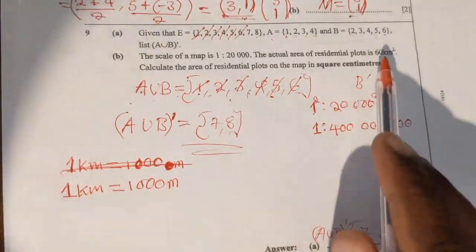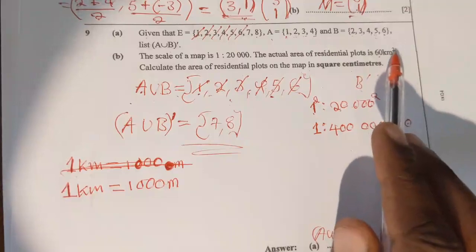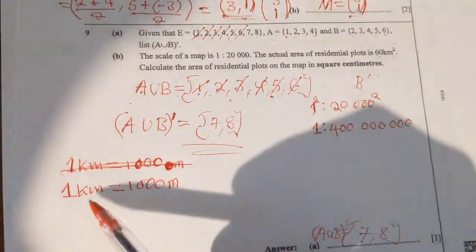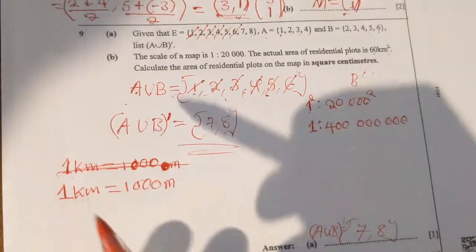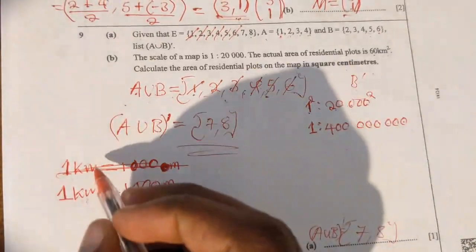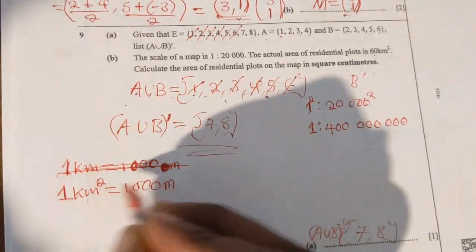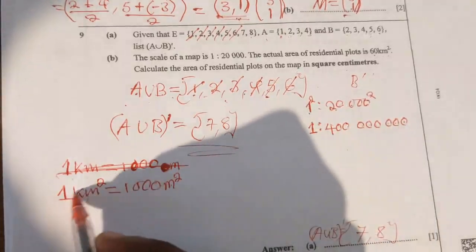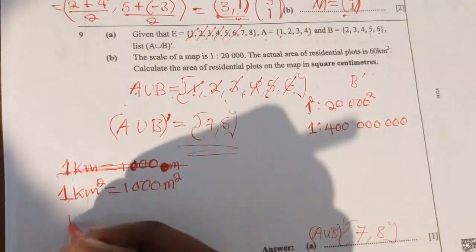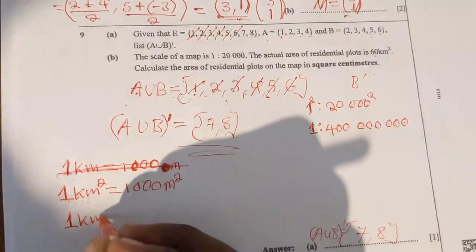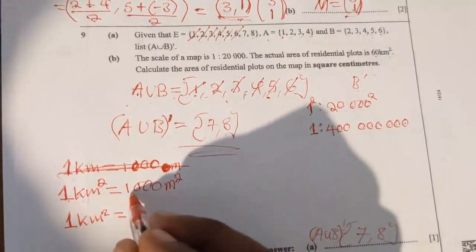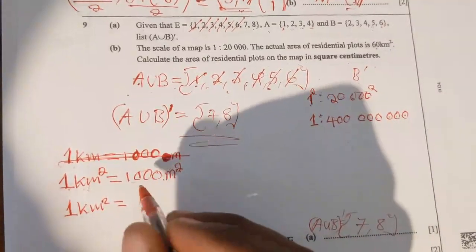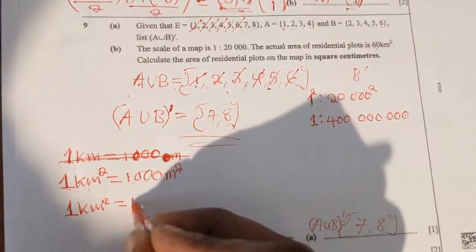So this area is in meter squared. This is kilometer squared, and this is just kilometer. So for it to be kilometer squared, you need to square it. When you square this one, you also need to square this one. So 1 kilometer squared is equal to 1000 squared.